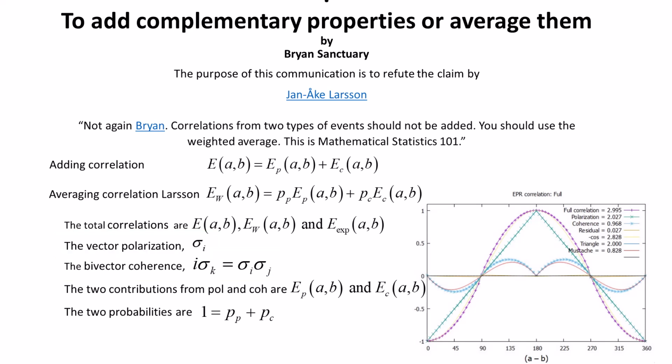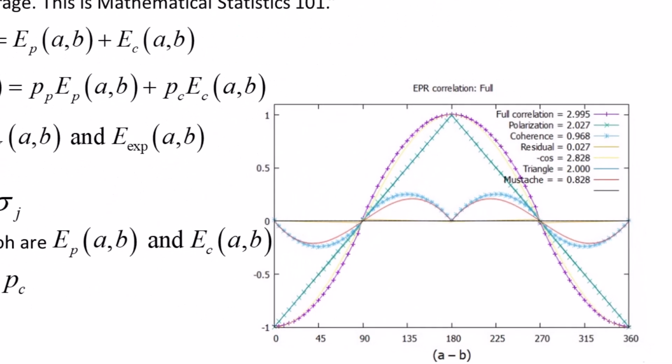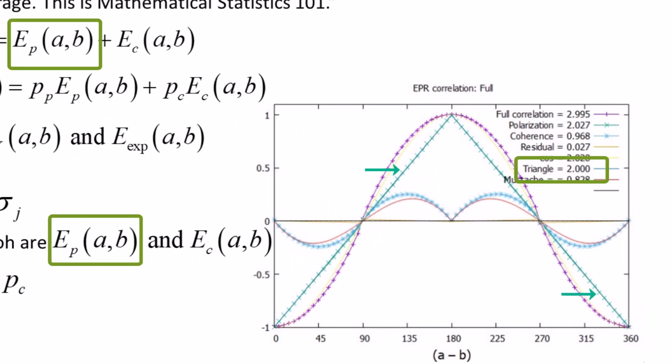These two give correlation from the polarization, which is denoted by E sub p, and for coherence by E sub c. The correlation from polarization is known to have a maximum CHSH value of 2, which does not violate Bell's inequalities.